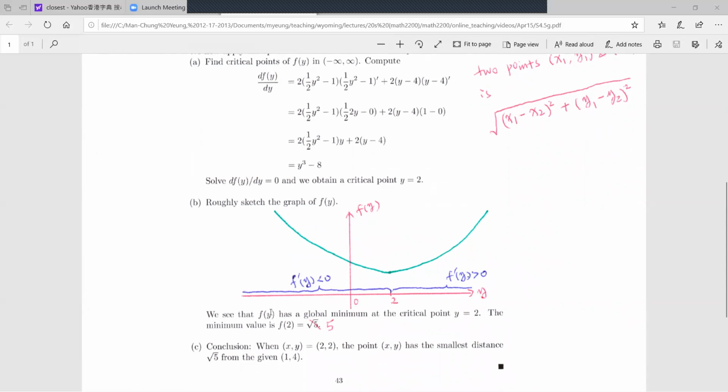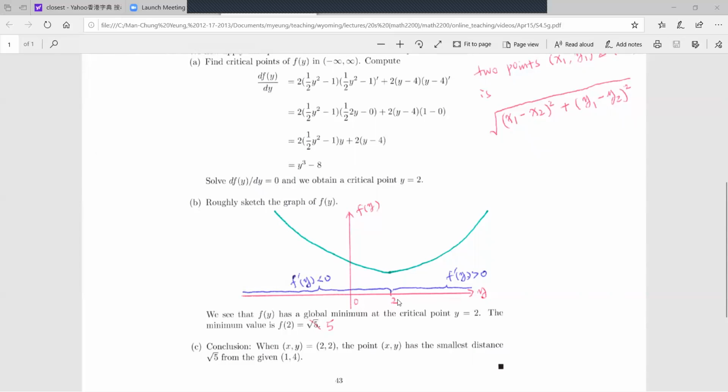Now from negative infinity to 2, over this interval, I arbitrarily pick a point, say 0. Plugging 0 into the derivative, I get a negative number. So over the interval negative infinity to 2, the derivative is everywhere less than 0. Therefore, the graph of f is decreasing on this interval.